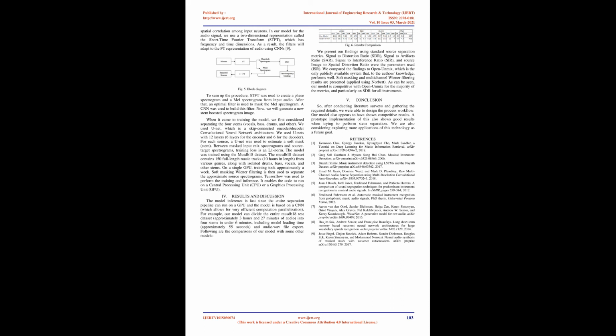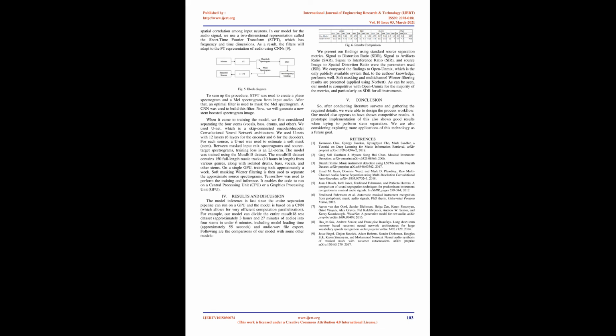Between masked input mix spectrograms and source target spectrograms, the training loss is an L1 norm. The model was trained using the MUSDB18 dataset. The MUSDB18 dataset contains 150 full-length music tracks, 10 hours in length, from various genres, along with isolated drums, bass, vocals, and other stems. On a single GPU, training took approximately a week.